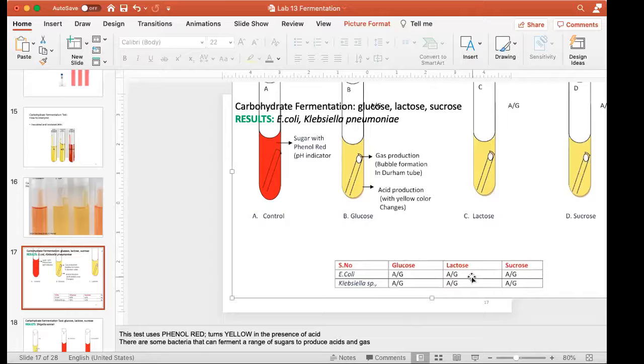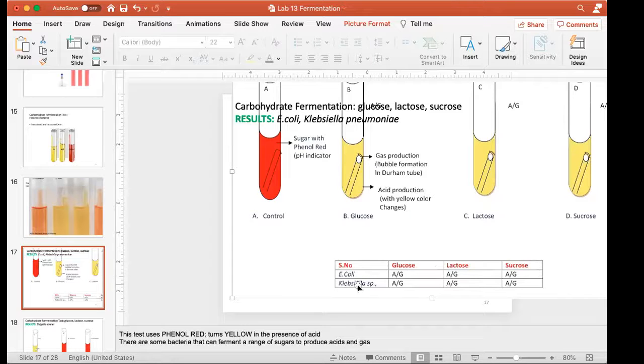E. coli also has the enzyme necessary to break lactose down to get glucose and then ferment it, turn it into pyruvate, and then into acid and gas. It also has the enzymes needed to break down sucrose, get the glucose out, and ferment it. Turn it into glucose, which then gets converted to pyruvate, and then into acid and gas. Very, very adaptive organism, E. coli.